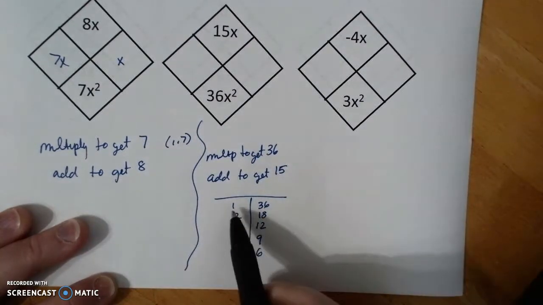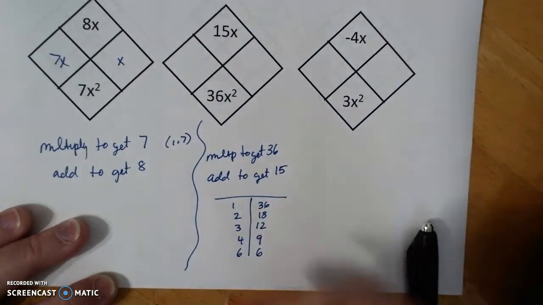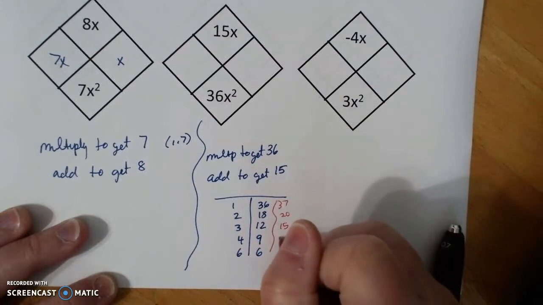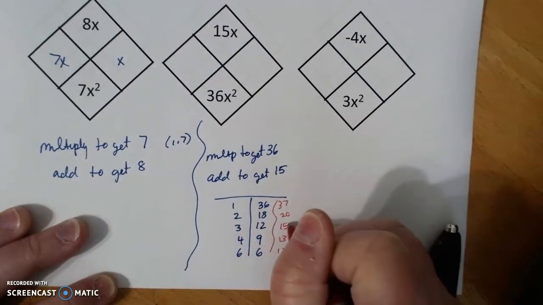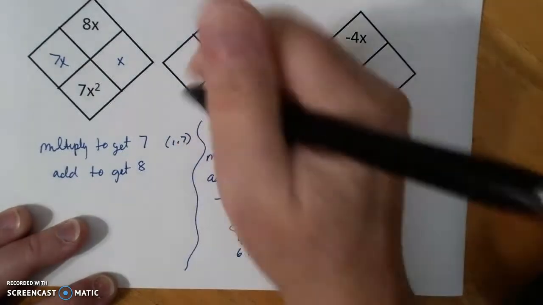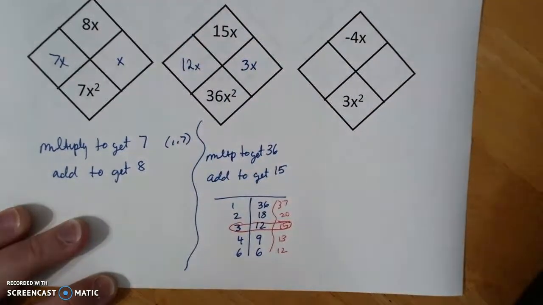Then you add them mentally and say 37, 20, 15, 13, 12, and there it is. So it is 12x and 3x.